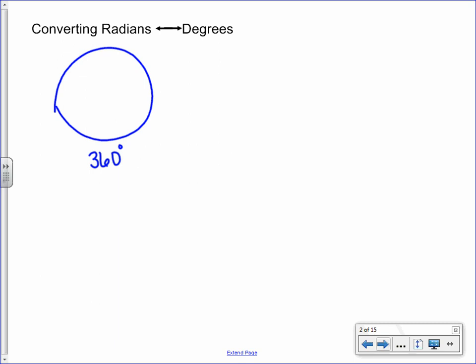So this arc length is 2 pi r. Now to find a radian, we take the arc length and divide it by the radius, right? So 360 degrees is the same as 2 pi. Which means 180 degrees is the same as pi.